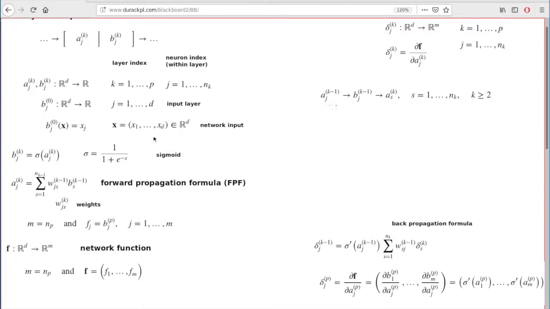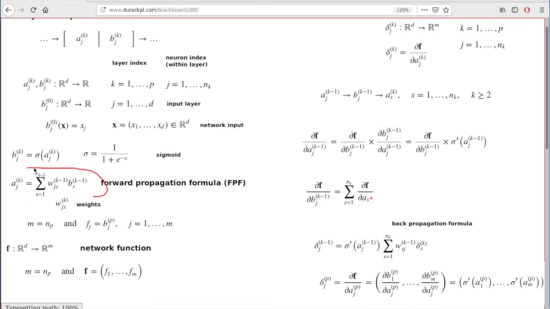Perturbation of the a value will result in a perturbation of the b value at the same level, and then through this relation, this perturbation will affect all of the a values in the layer to the right.